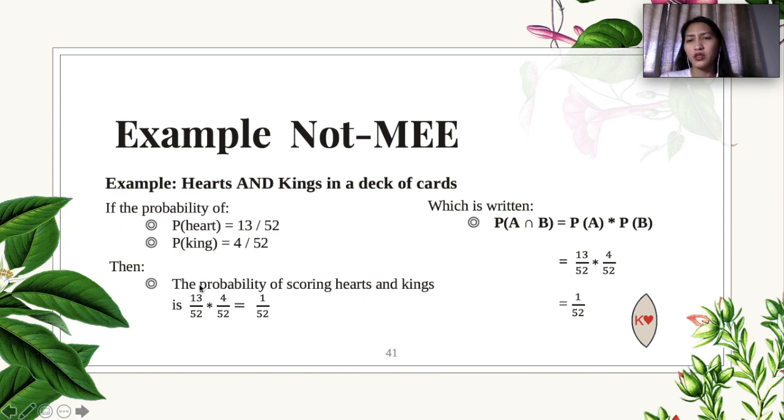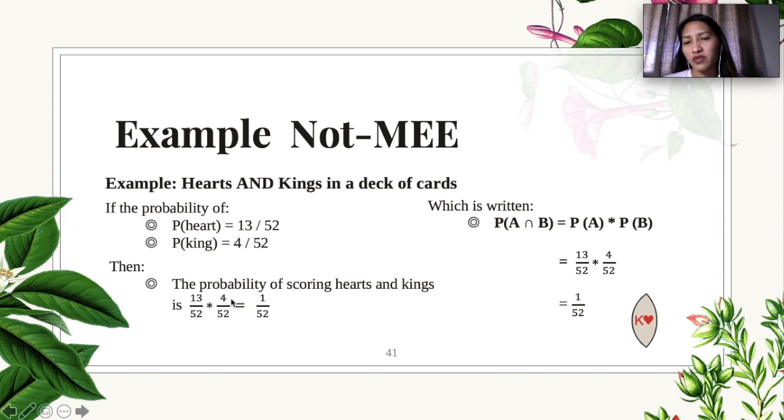So the probability of scoring hearts and kings, all you have to do is to multiply the two probabilities. Yung kanina, in-add mo dun sa or. Sa and naman, kapag ito ay hindi mutually exclusive, ang gagawin mo ay ipag-multiply mo sila. So, 13 over 52 times 4 over 52.